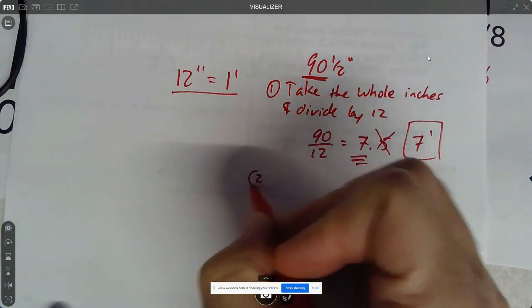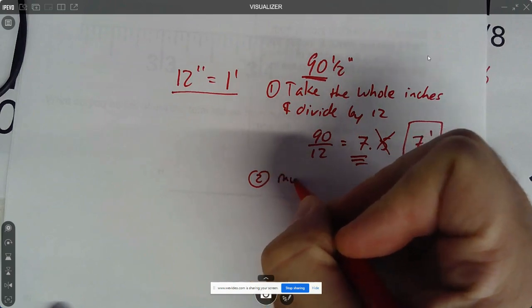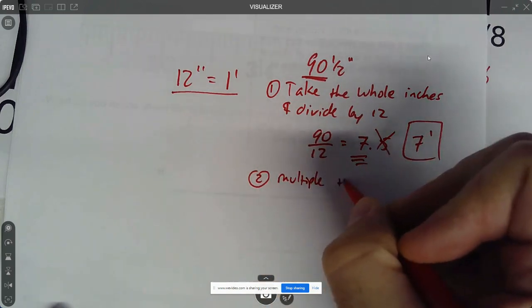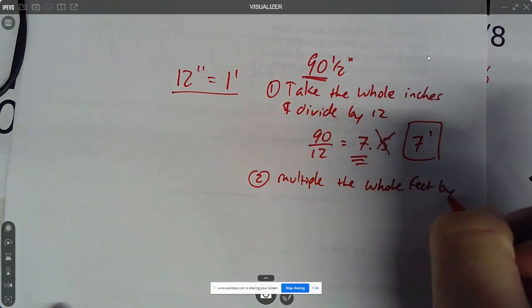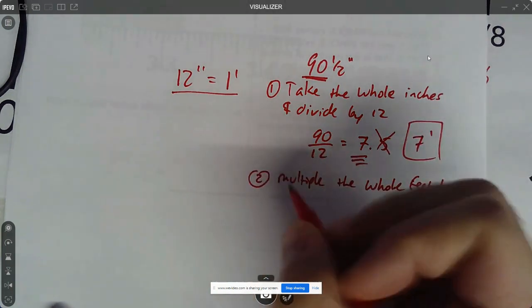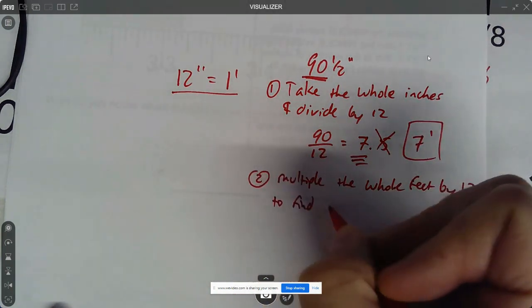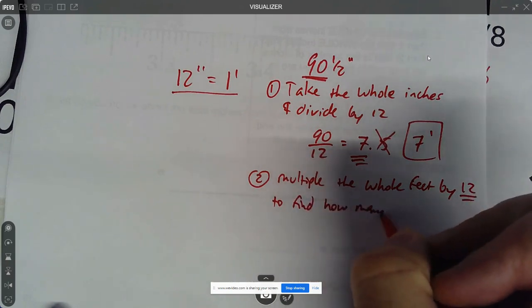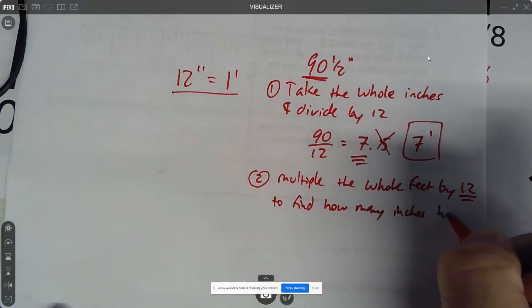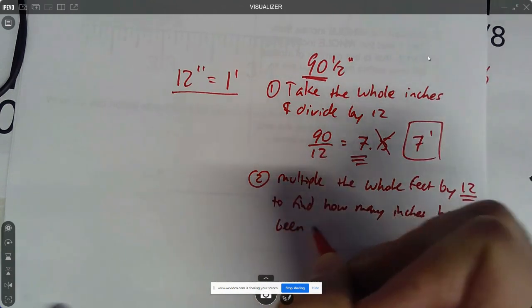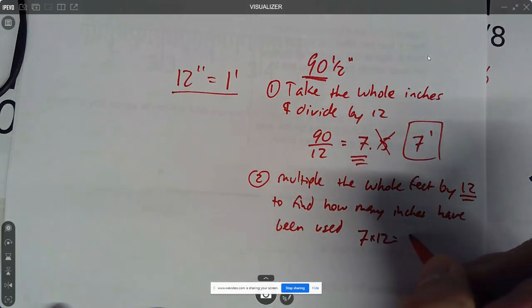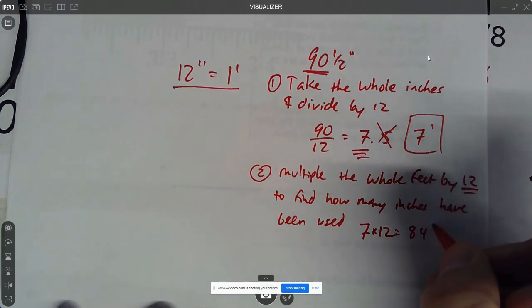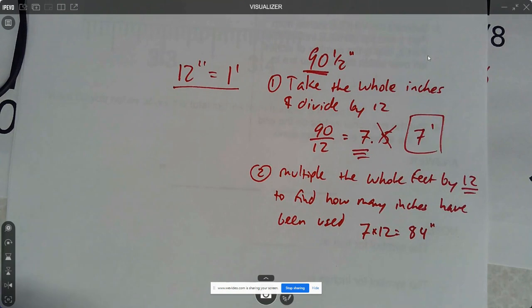All right. So then we multiply the whole feet by 12 to find how many inches have been used. So 7 times 12 is 84. So in 7 feet, we know there have been 84 inches used.